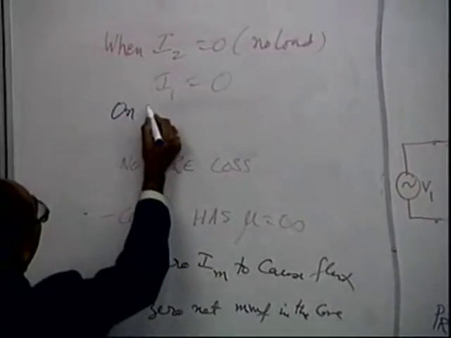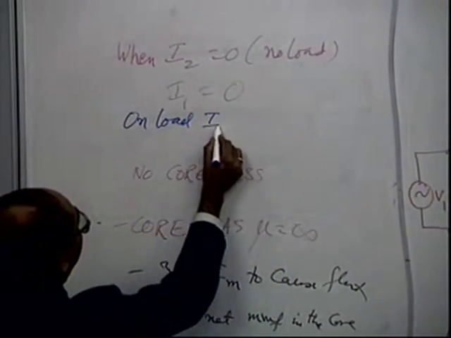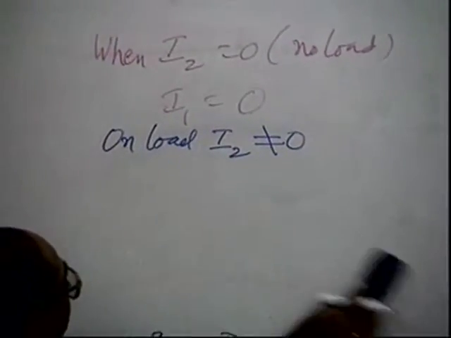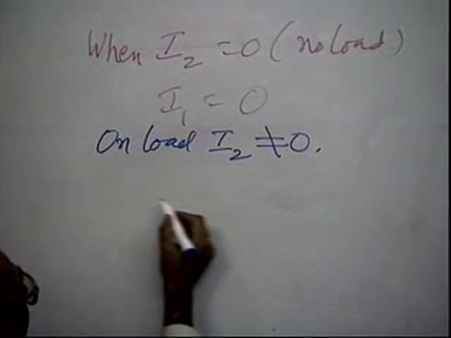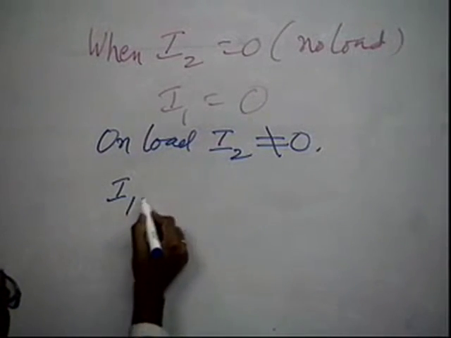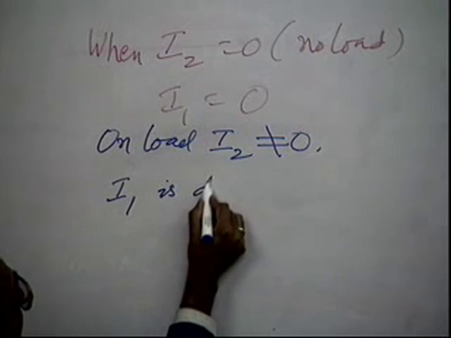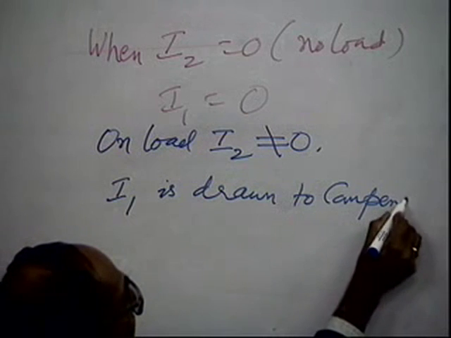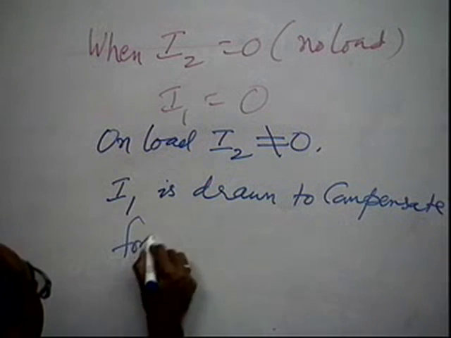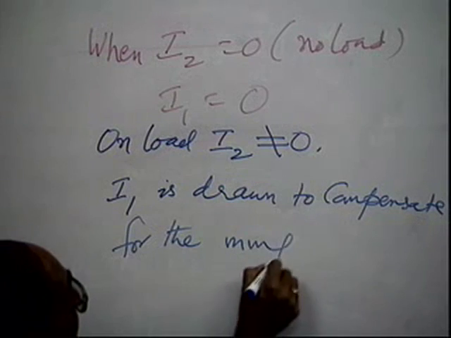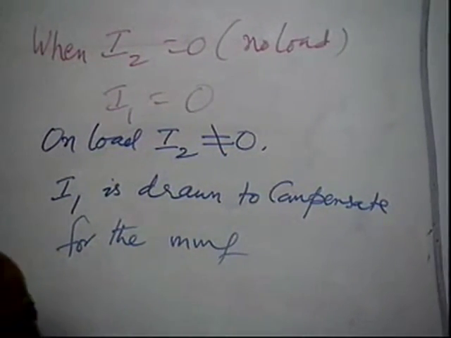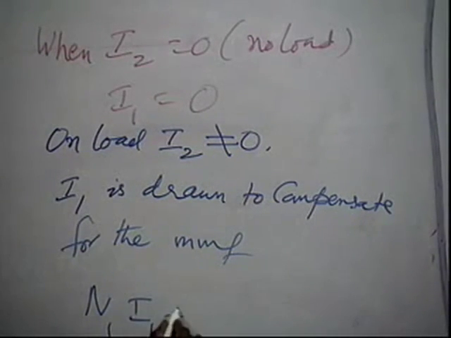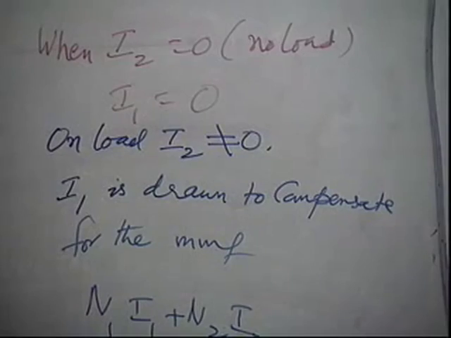That means on load, when I2 is not 0, the I1 is drawn to compensate for the MMF, such that N1 I1 plus N2 I2 is 0.